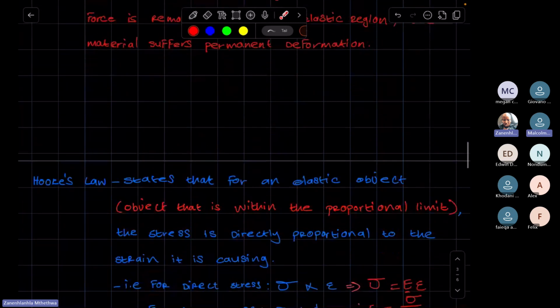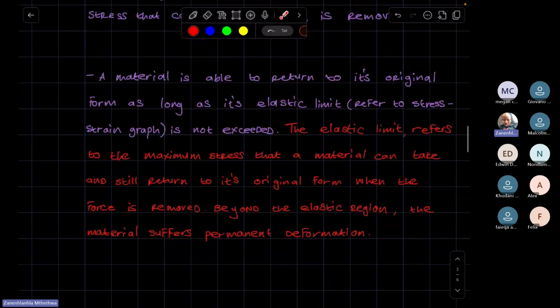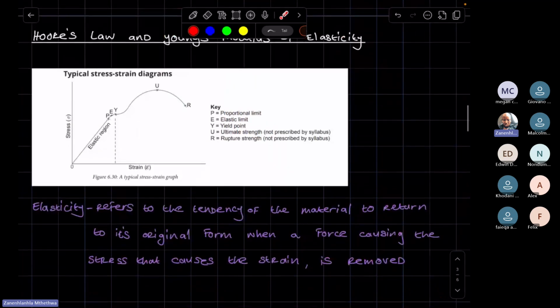Okay, let's look at Hooke's law. What does Hooke's law state? It states that for an elastic object, so only when the object is elastic, the stress is directly proportional to the strain it is causing. Now, if we go back to the graph, this here is the elastic region, right?